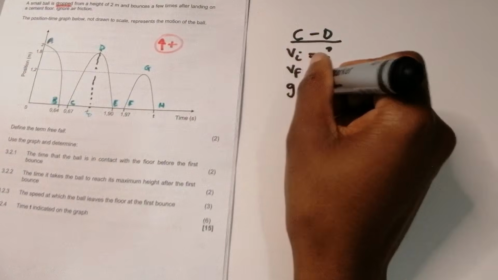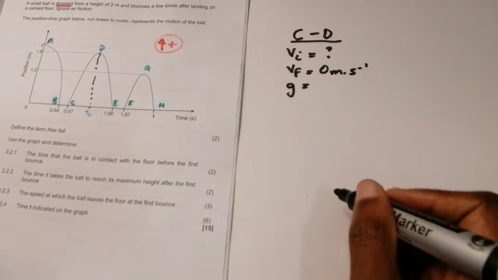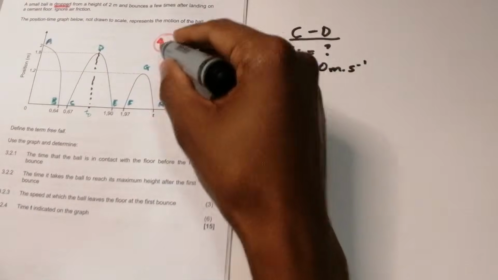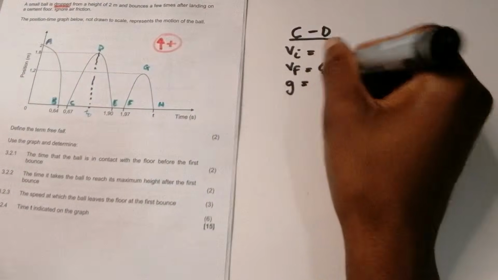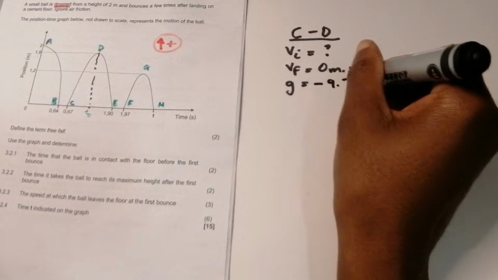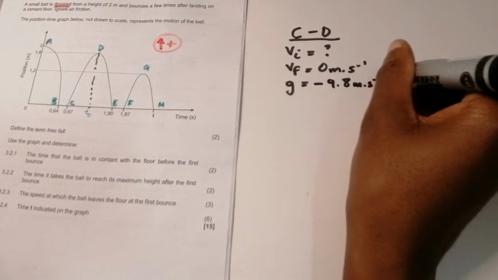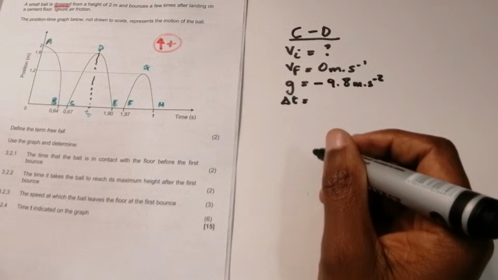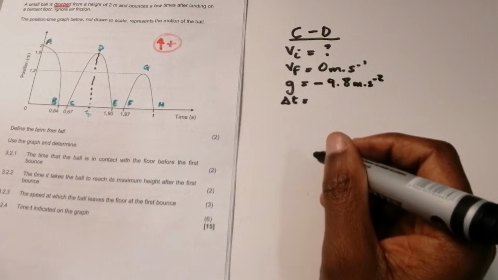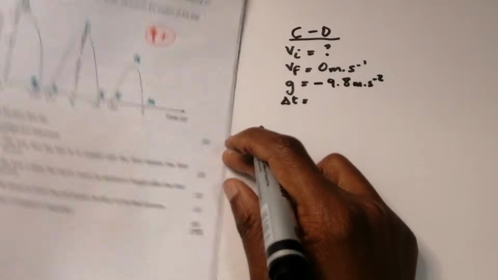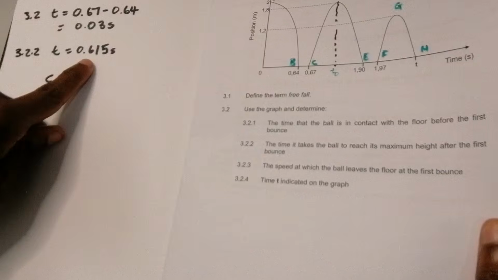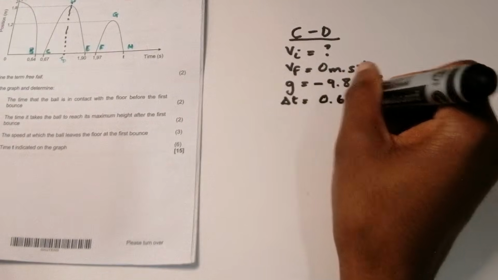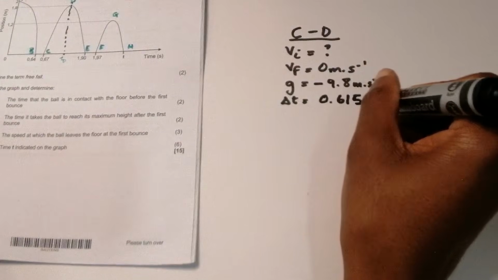Gravitational acceleration. I hope you remember what we had said earlier. We took upwards as positive, and as a result that's minus 9.8 meters per second squared. How long did it take? Now you remember we just found the time. We said it took 0.615 seconds.